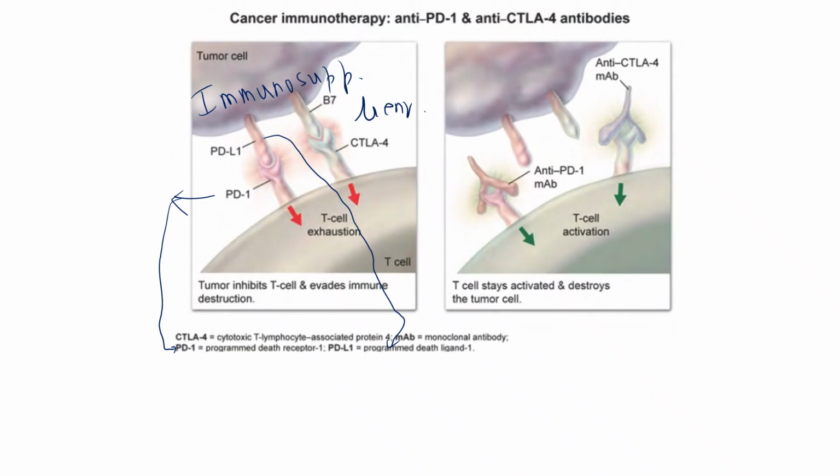MAB is monoclonal antibody, all of us know that, and CTLA4 is cytotoxic T lymphocyte associated protein 4. So here the tumor inhibits the T cell and evades tumor immune destruction, whereas here the T cell stays activated and destroys the tumor cell. Anti-CTLA4 and anti-PD1. Bye.